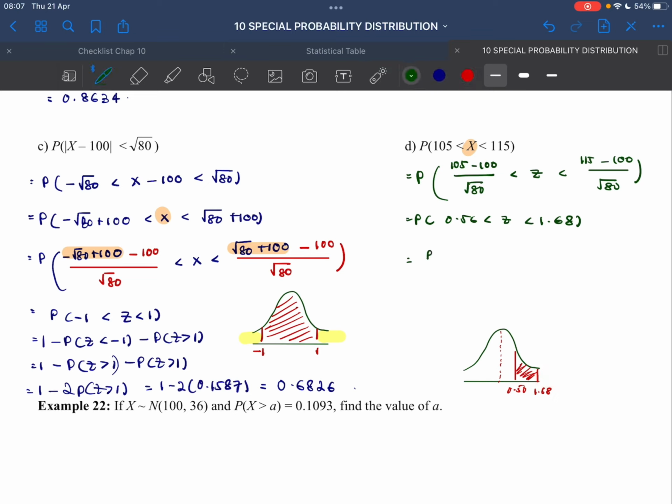Okay, so P(Z > 0.56) minus P(Z > 1.68). Okay, find the answer in your table, upper minus upper, and here the final answer is 0.2412. Okay, so that is how we use normal distribution change to standard normal distribution by using the formula Z equals X minus mean over standard deviation.